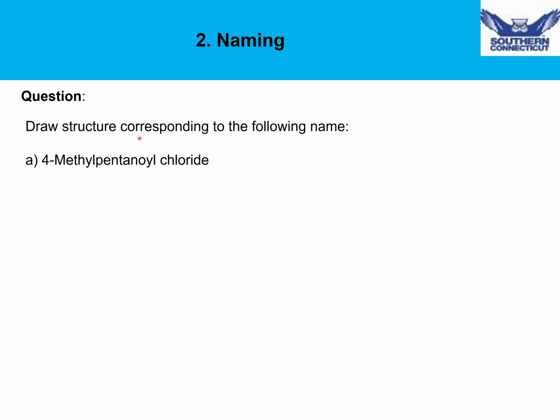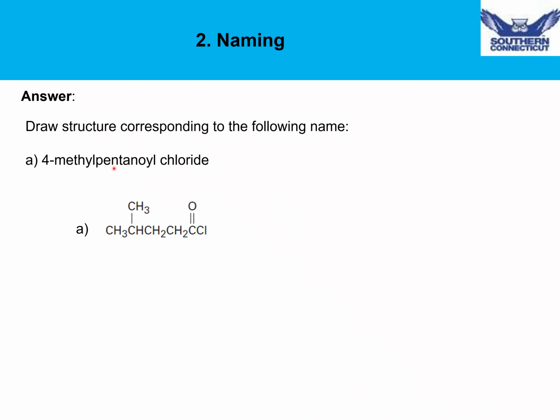With this question, we're going to review one of the examples of naming acid derivatives. So we want to draw the structure of 4-methylpentanoyl chloride, which is an acid chloride. To draw this acid chloride, we want to break this name down.